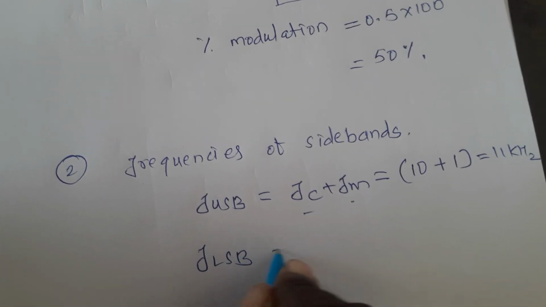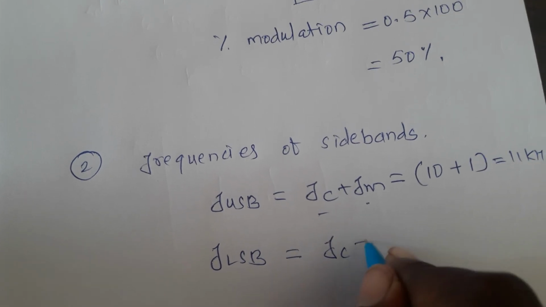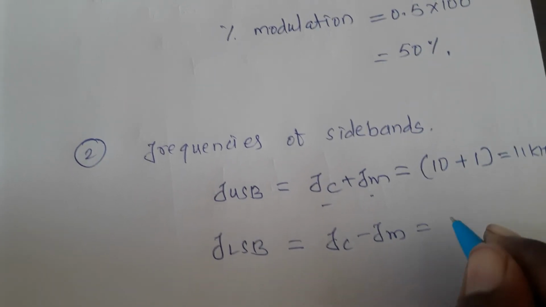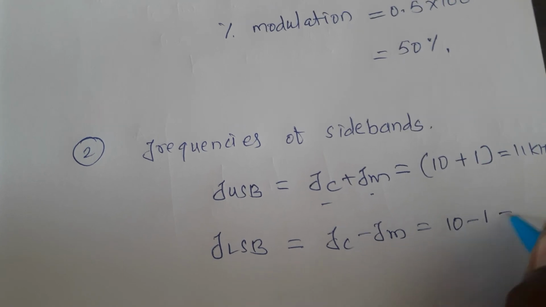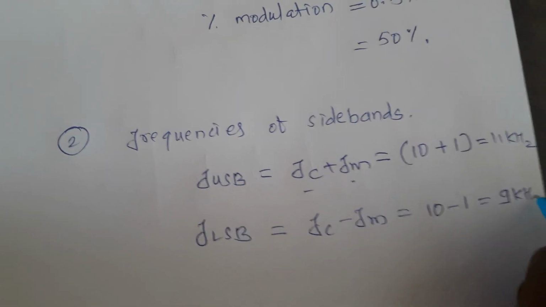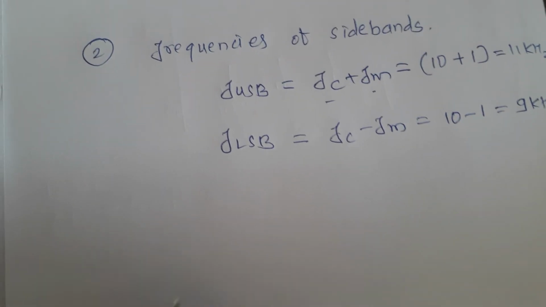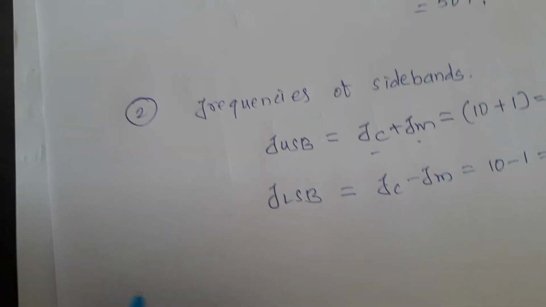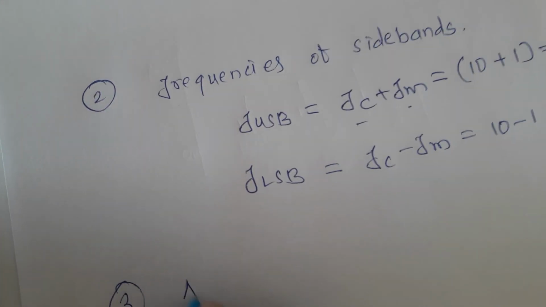Similarly, FLSB is equal to FC minus FM, which is equal to 10 minus 1, so that becomes 9 kilohertz. Clear?